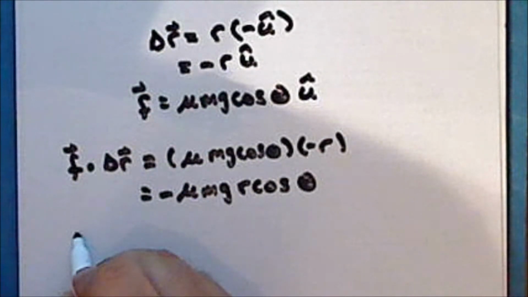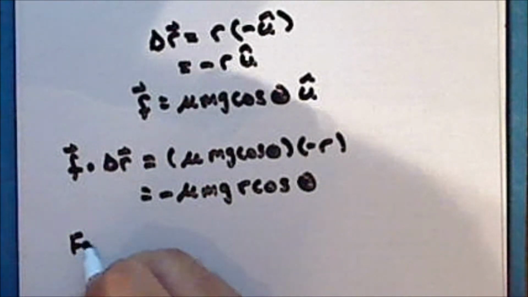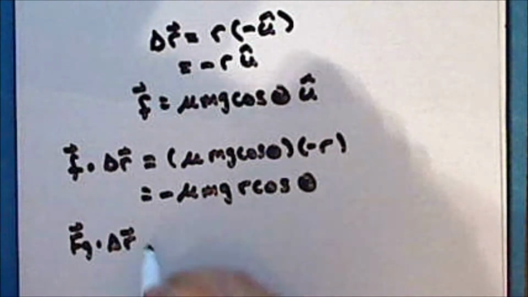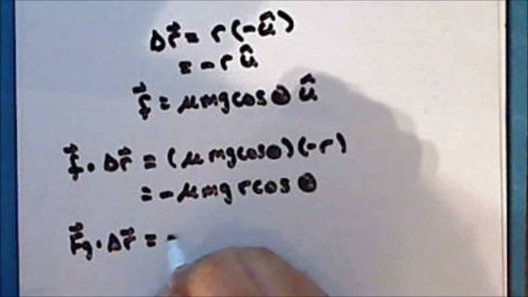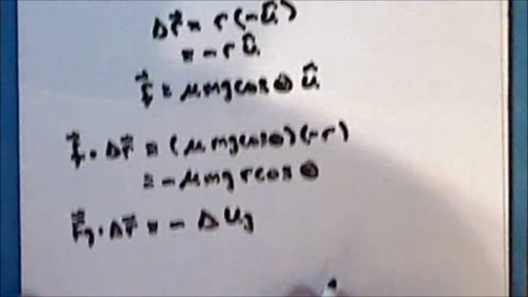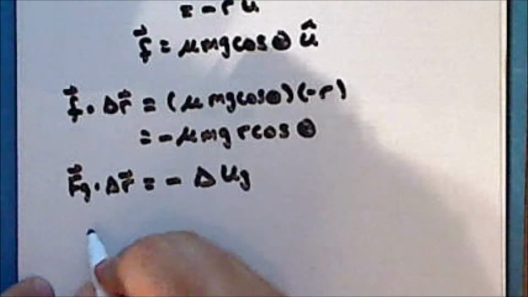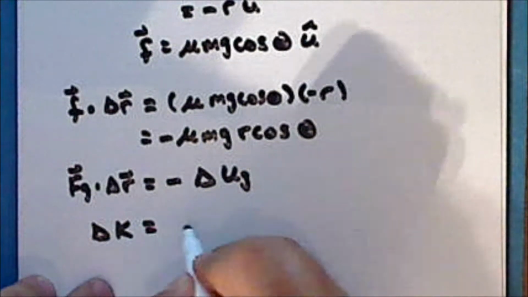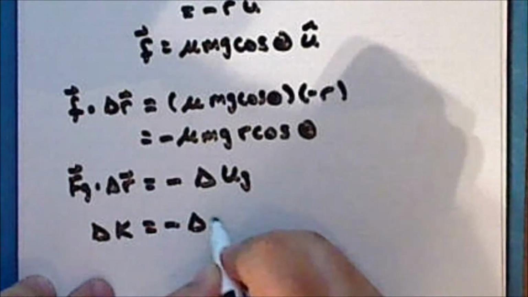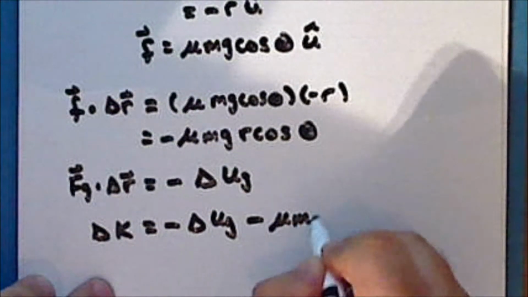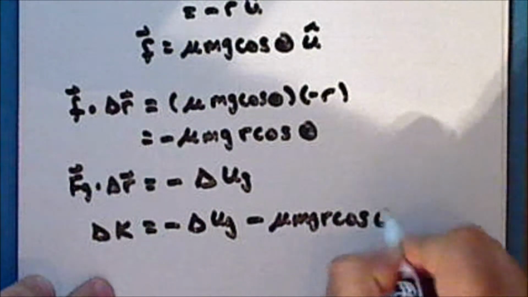Again, the dot product of the gravitational force with the displacement vector delta r is the negative of the change in the gravitational potential energy, so that the change in the kinetic energy is equal to the negative of the change in the gravitational potential energy minus mu times mg r cosine theta.